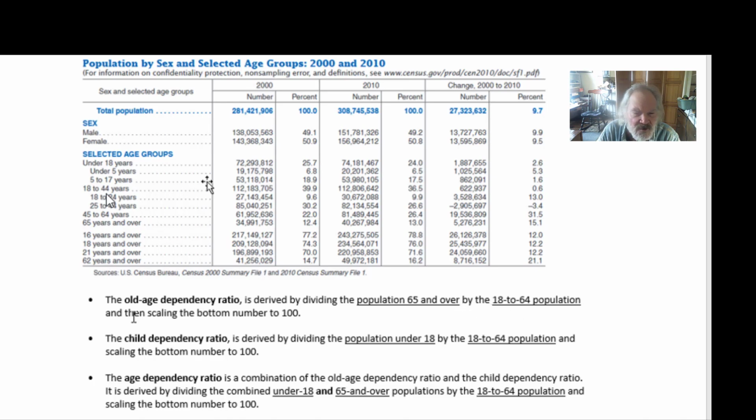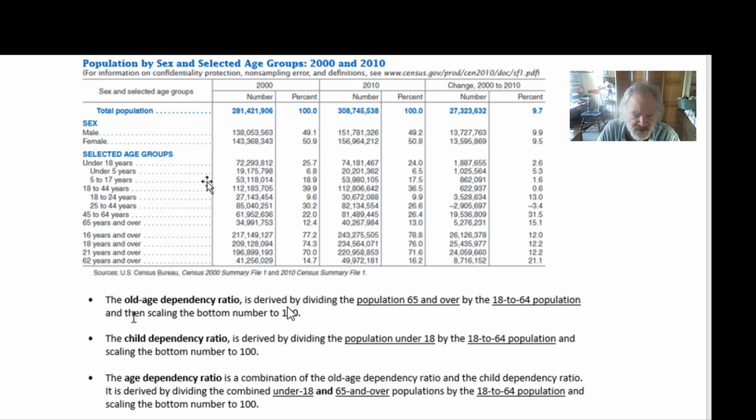Now you can't directly get at 18 to 64, but you can get at 18 to 44, and then to that add 45 to 64. So if you add these two numbers, you will get the population that is aged 18 to 64. Then you scale the bottom number, which is the 18 to 64 population, to 100, which just means cross multiply and divide.